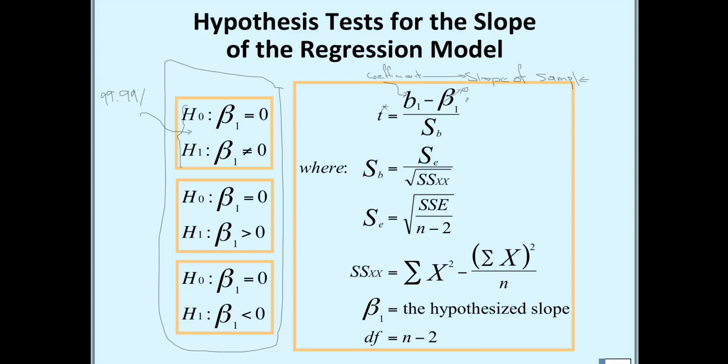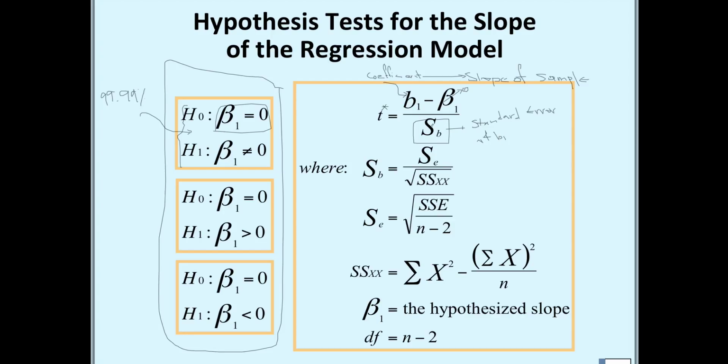Beta 1 is always equal to 0 in your case, because in our null hypothesis it is 0. So our test statistic is B1 divided by the standard error of B1. So B1 comes from your model.